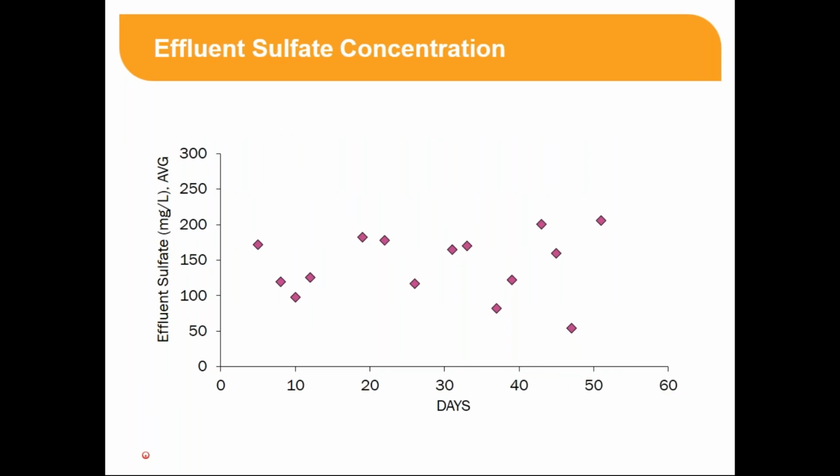After our pilot study, the effluent sulfates were less than 200 milligram per liter. Please note that we used gibbsite recovered from our second stage regeneration process. And we ran the pilot study for almost 2 months.